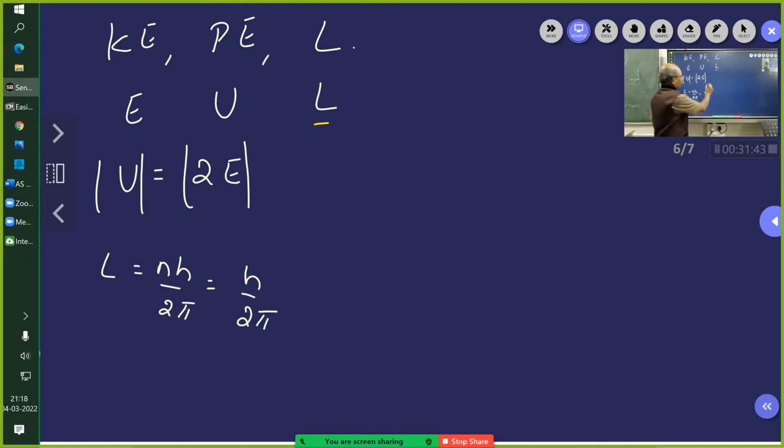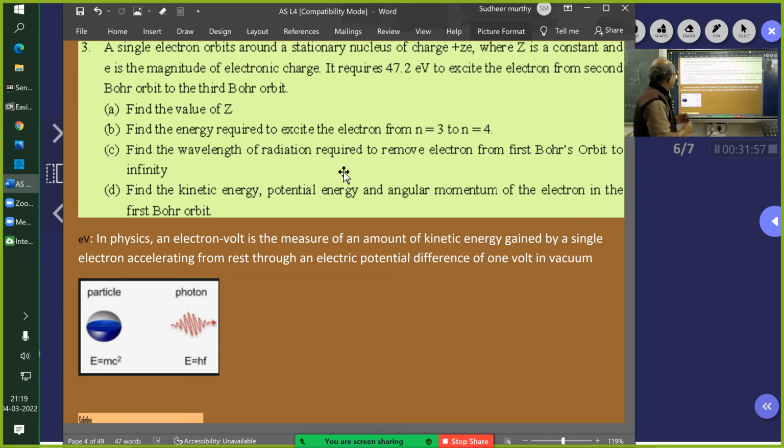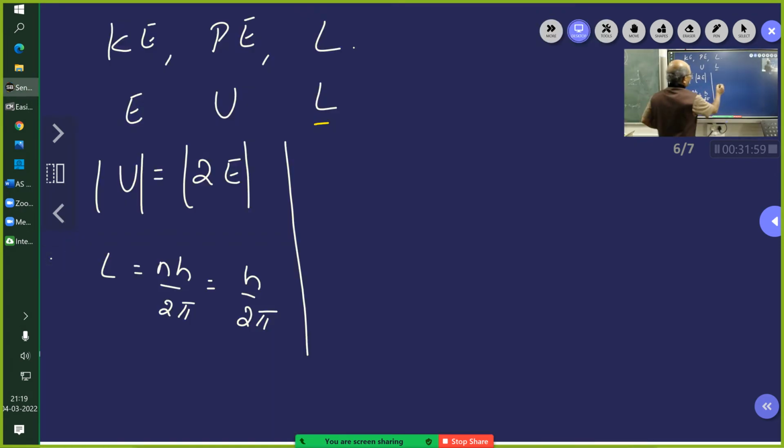So what have we found out now? See, in the previous formulation, we have found out the radiation energy to remove the electron from its ground state to infinity. That means the energy of the electron in its ground state, because we have got here Z equal to 5.